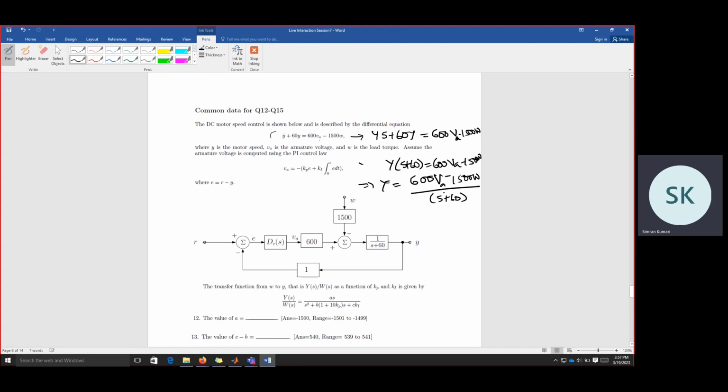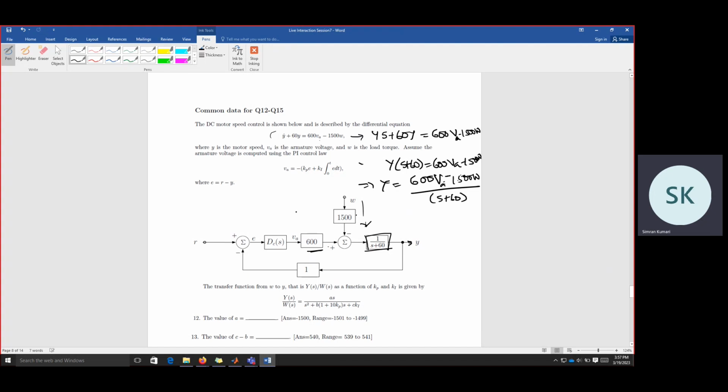Now this you can represent using block diagram. So we have this 1 by s plus 60. And what is the input to this one? This is 600 VA minus 1500 into W. Okay. Now this is the output.